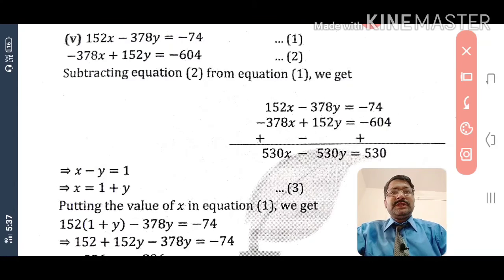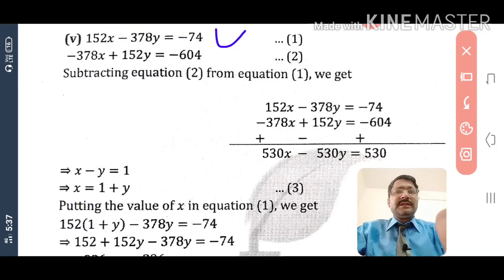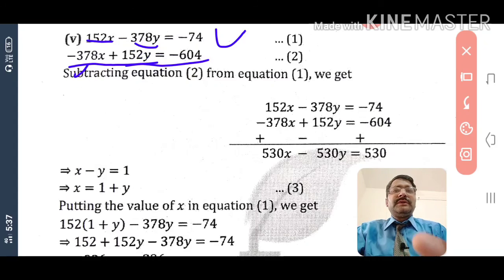Question number 5 is here. First is 152x minus 378y equal to minus 74, and second equation is minus 378x plus 152y equal to minus 604. Here something is common: 378 and 378, 152 and 152 are the same.